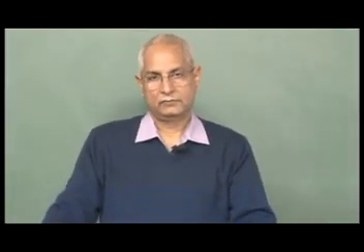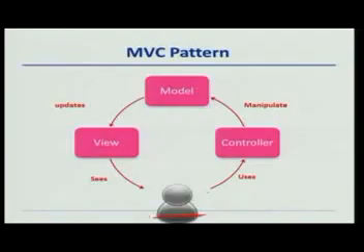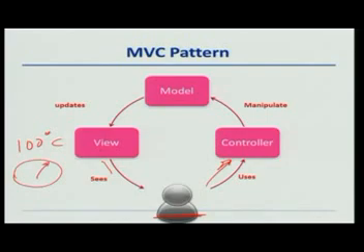What is the simplest way to build such a system? So I have actually various views possible for the same computational model. That is when you apply the MVC pattern. So the user interacts with the controller, which sends the signals to the model, which does the computation with a new set of parameters and updates the views that are there, one or more. So this is an MVC pattern.